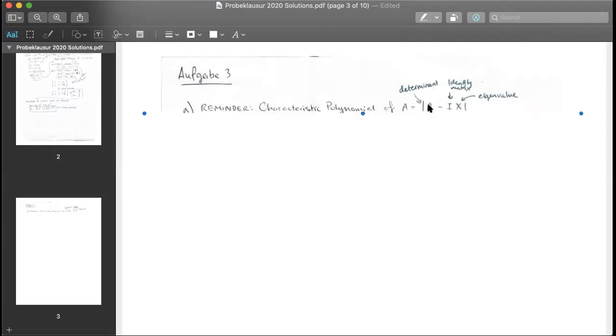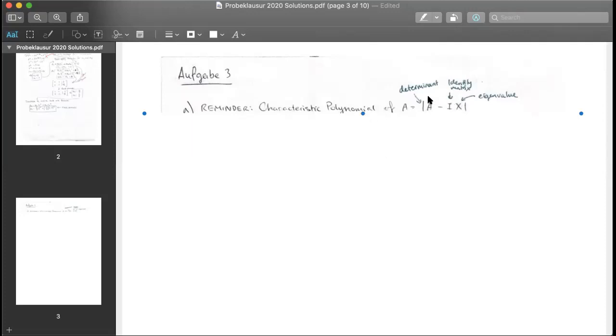This formula says basically that it's going to be the determinant, that's what these lines mean, of A minus the identity matrix, which is, in this case, a 4x4 matrix with zeros everywhere except for ones along the main diagonal, multiplied with the unknown eigenvalue x, which is effectively just x's along the main diagonal and zeros everywhere else.